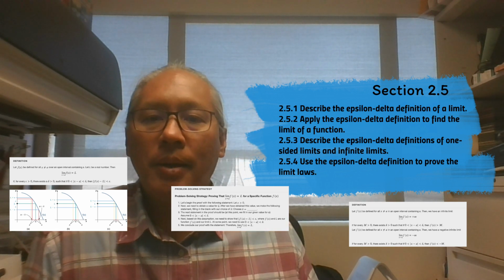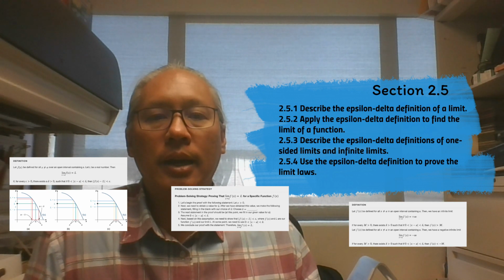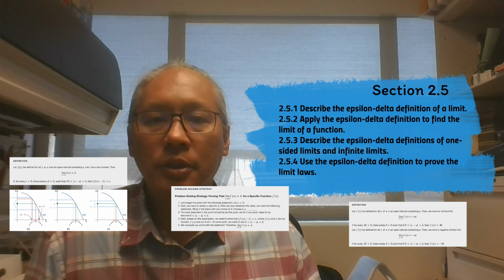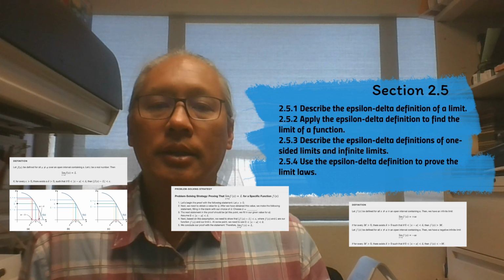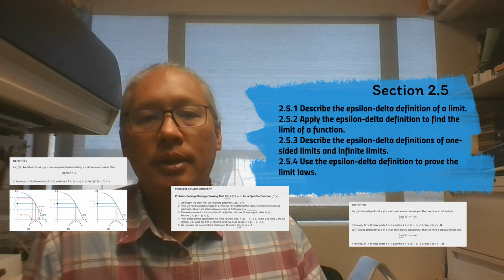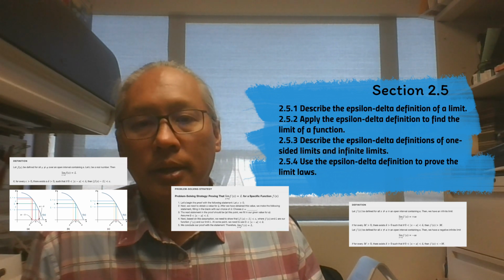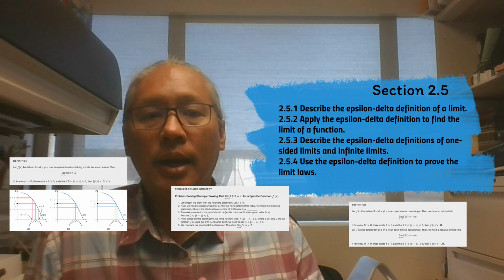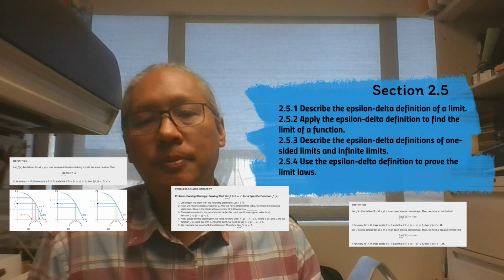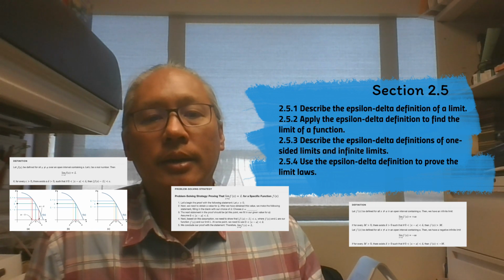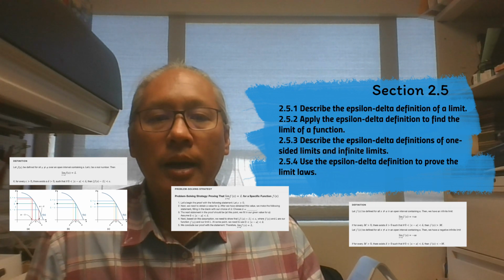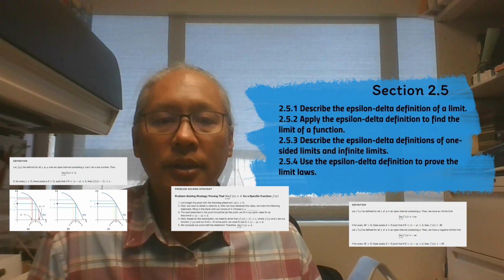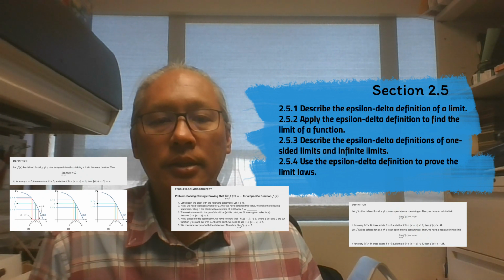But deeper in mathematics is the idea of limits, and people usually call it the epsilon delta definition of a limit. We will describe and apply the epsilon delta definition, and then dive a little into one-sided limits and infinite limits using epsilons and deltas.